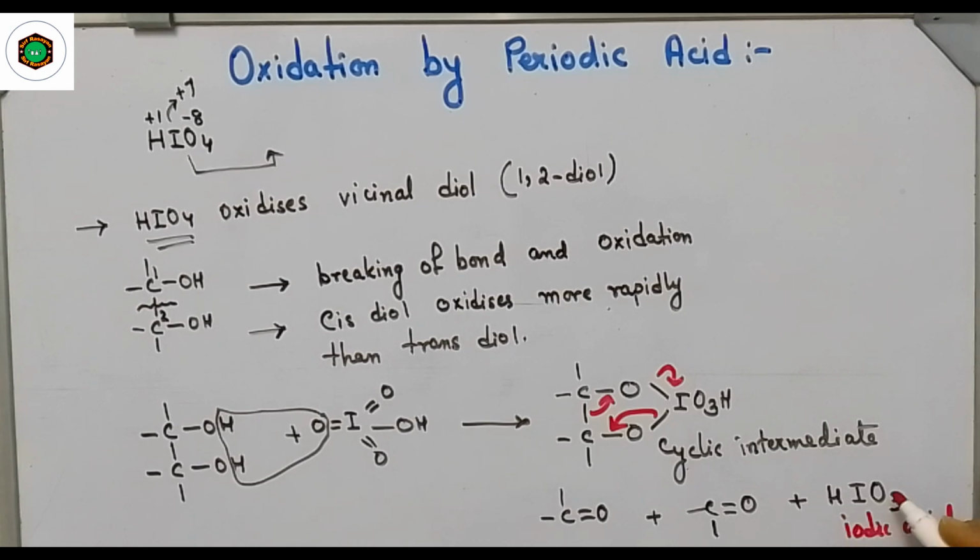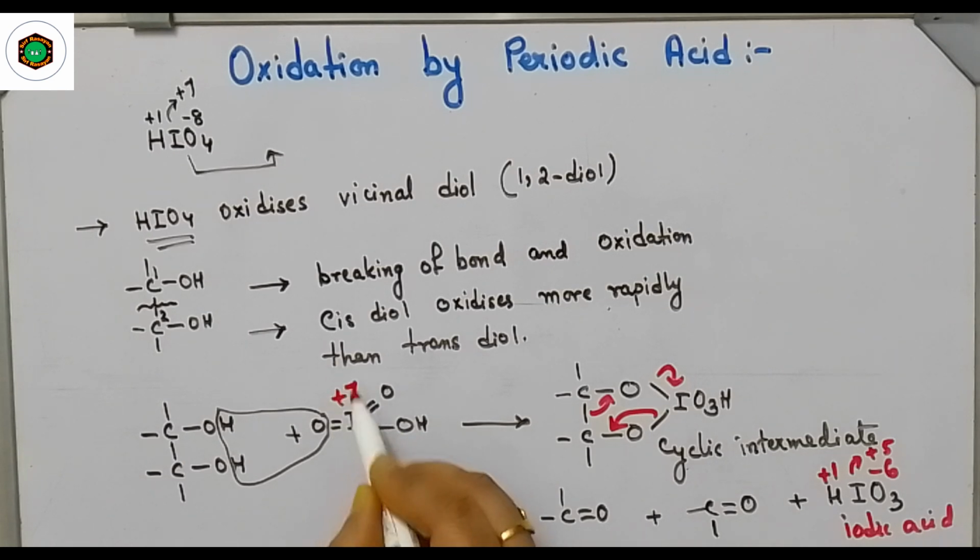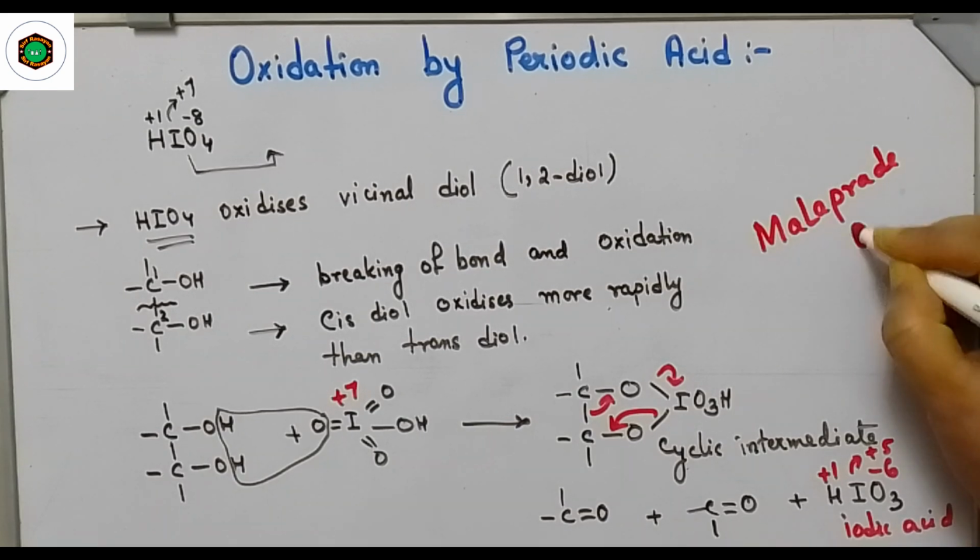Each oxygen is having -2, so -2 into 3 means -6, plus 1. So this is +5, because +5 plus 1 means +6 and -6, total should be 0. Here it is +7, so reduction is taking place here and it is oxidizing this vicinal diol. This is called Malaprade oxidation.